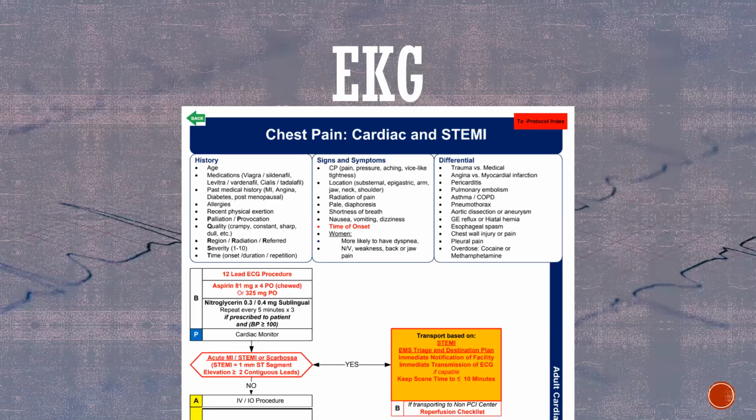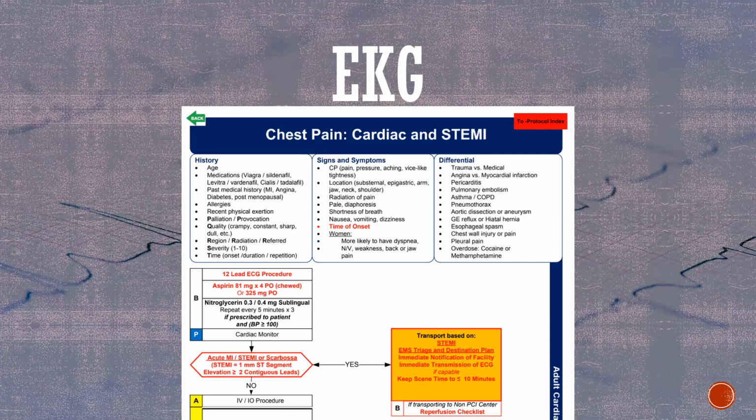So let's jump into a few more specific items and in a little more detail. First off, let's talk about EKGs. So really, it's important to make sure we're getting EKGs for all of our chest pain patients. That goes without saying. We also get EKGs on those patients with anginal equivalents. So what do I mean by anginal equivalents?